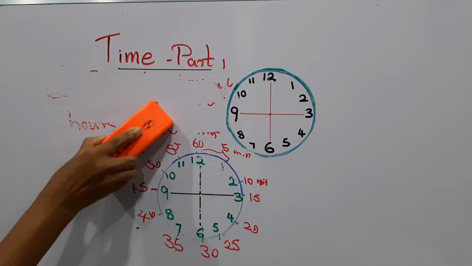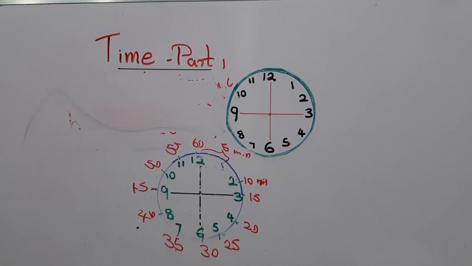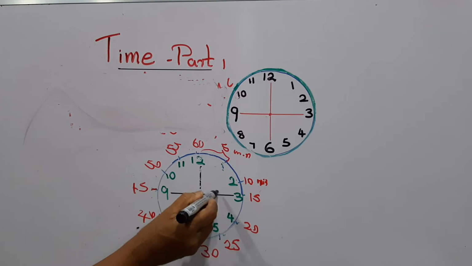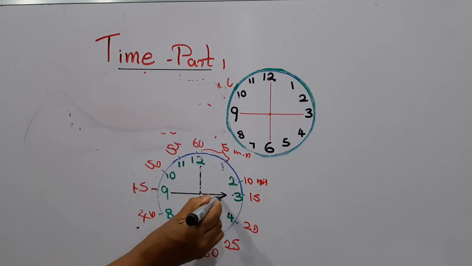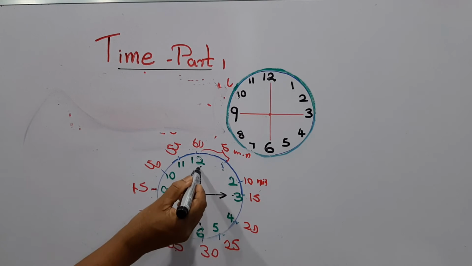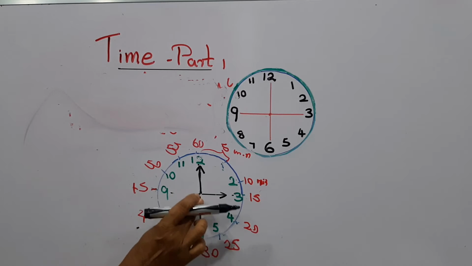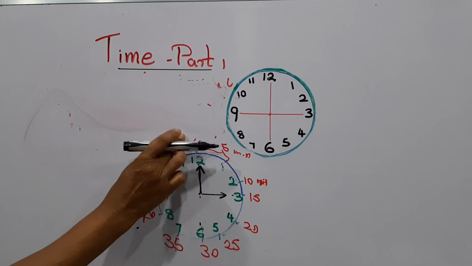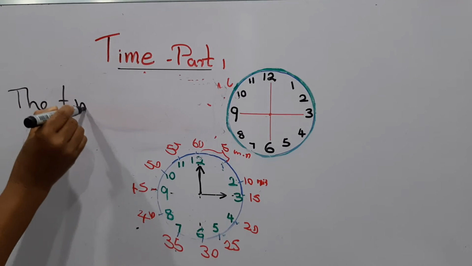Okay. Then we'll see here. Now we'll think this is the hour hand. It points towards 3. And this is the minute hand. It is here. Now we can tell the time.